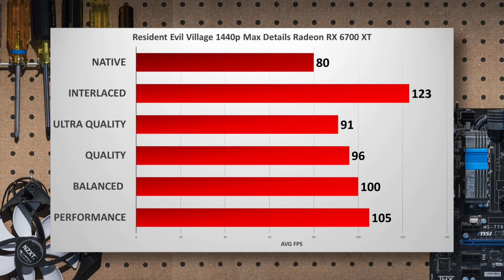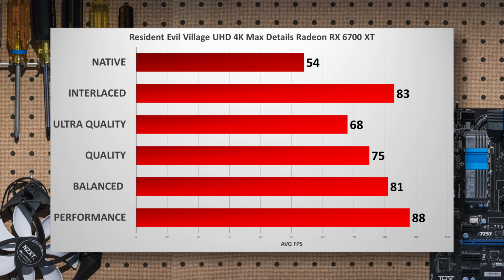And right off the bat with 1440p, we see the interlacing showcasing the most impressive gains, and FSR gave rather conservative gains in this game at this resolution. But what about 4K? Well, that's where things should really shine with performance uplifts, and well, we do. Things look better in terms of performance when moving to 4K, as it makes the 6700 XT quite viable in this scenario when compared to the native option.